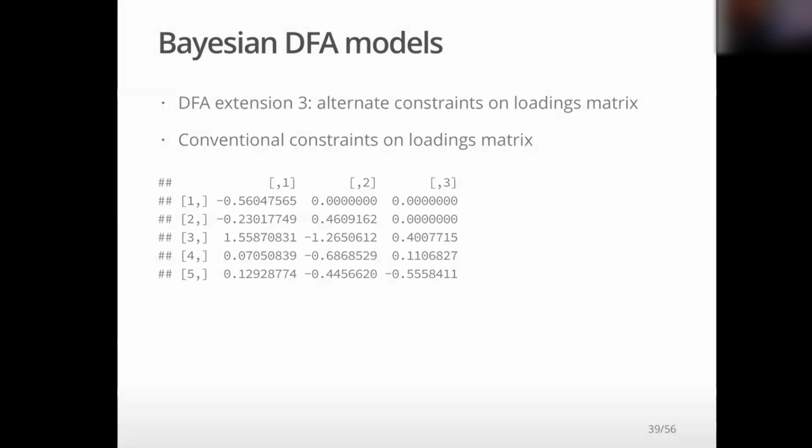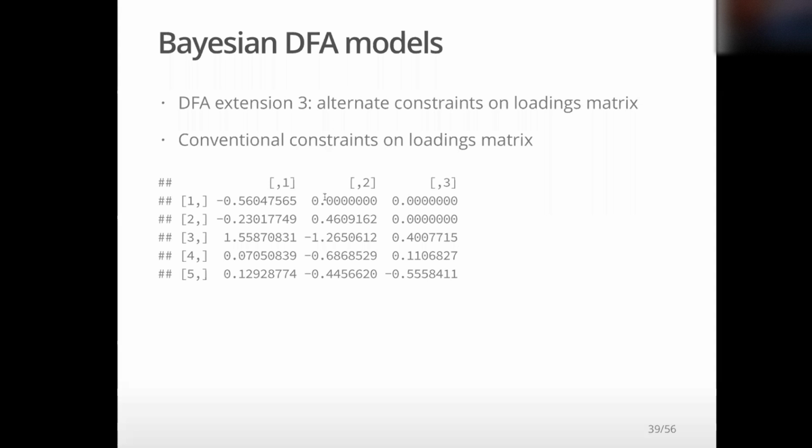Okay, another extension is that, just like that last example, we don't necessarily need to be constrained to estimating the underlying trend process as an autoregressive one. Similarly, think about the constraints on the loadings matrix. A regular DFA has a bunch of constraints for identifiability. This is normally what a loadings matrix would look like, where we have to zero out these upper elements.